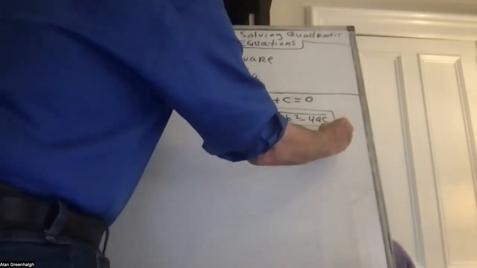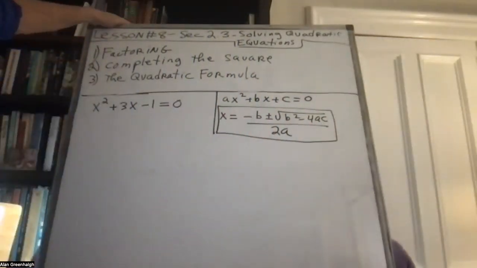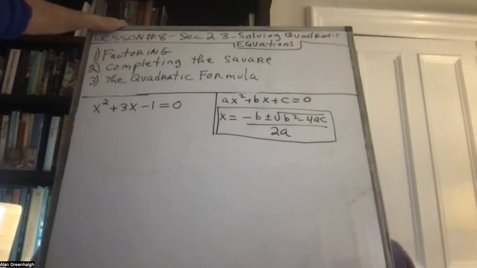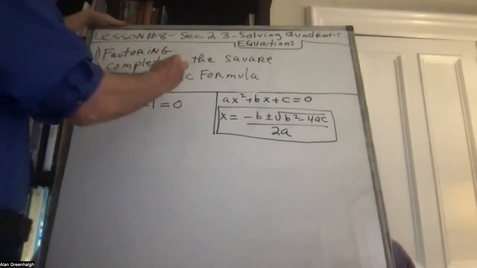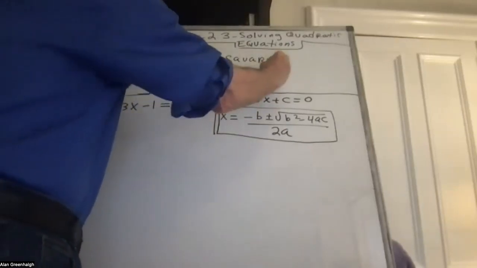This is one of the most valuable formulas in all of mathematics, and it is called the quadratic formula.